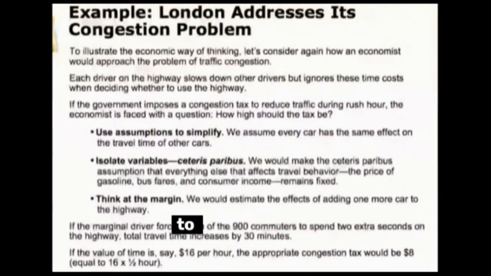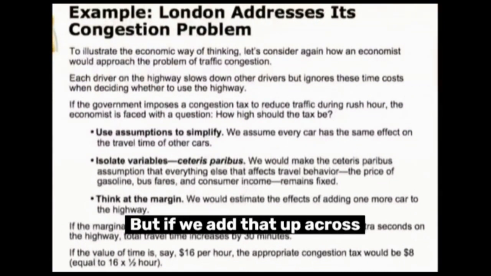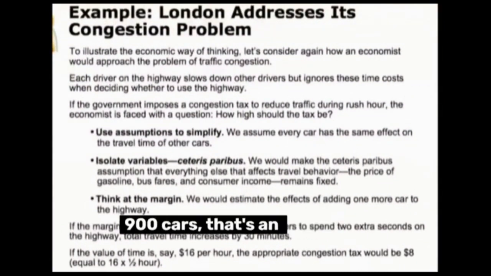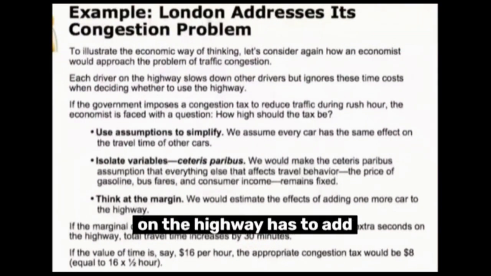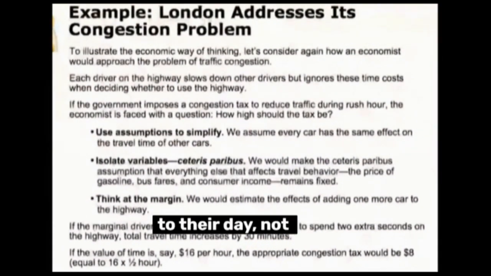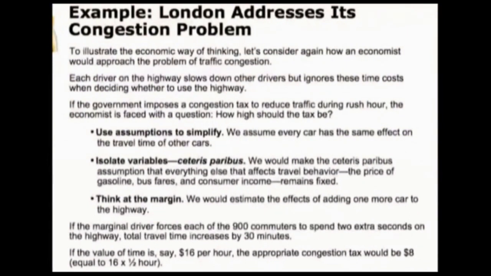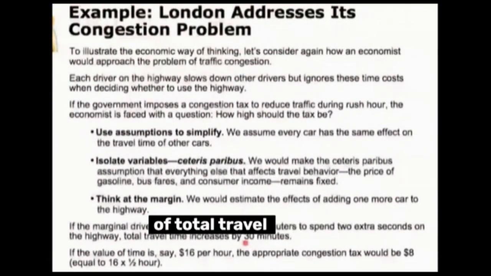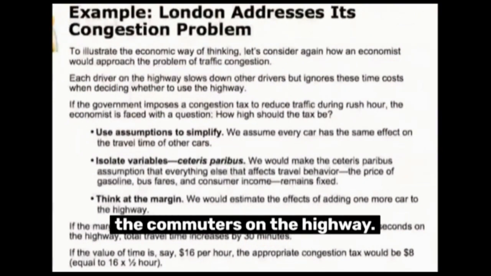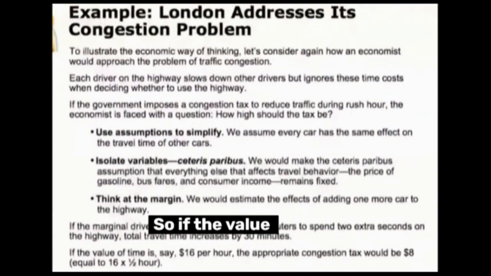Now this doesn't seem like very much, 2 seconds added to highway time. But if we add that up across 900 cars, that's an additional 30 minutes of total travel time for the commuters on the highway. Not 30 minutes to each driver, but adding 2 seconds to each driver adds 30 minutes of total travel time.